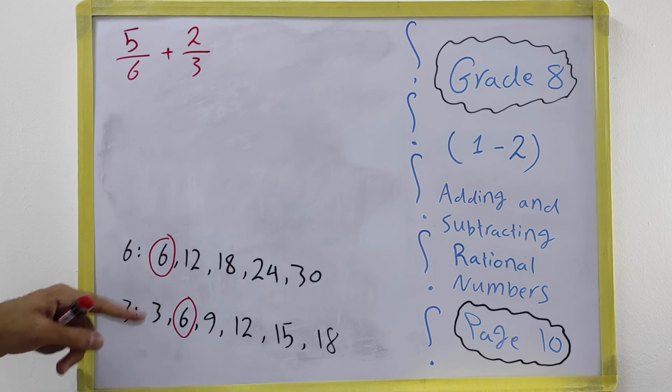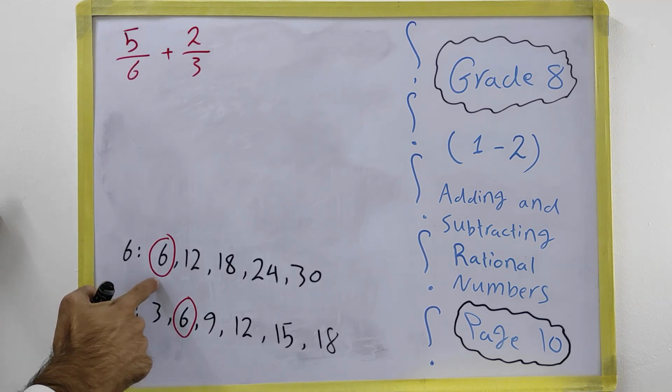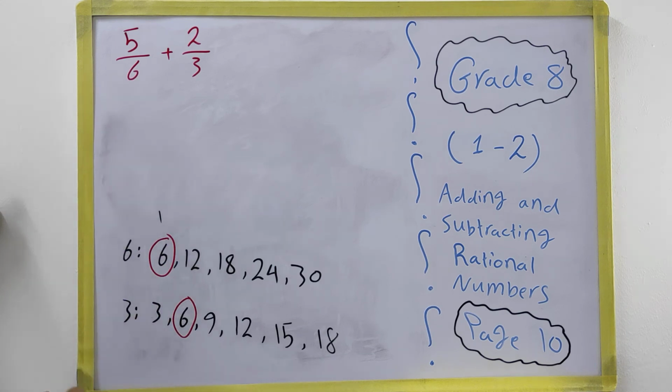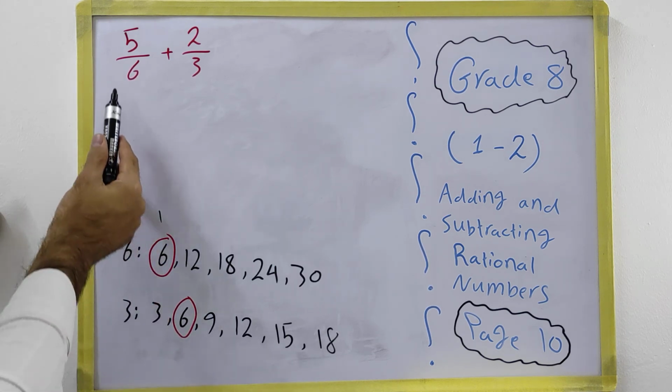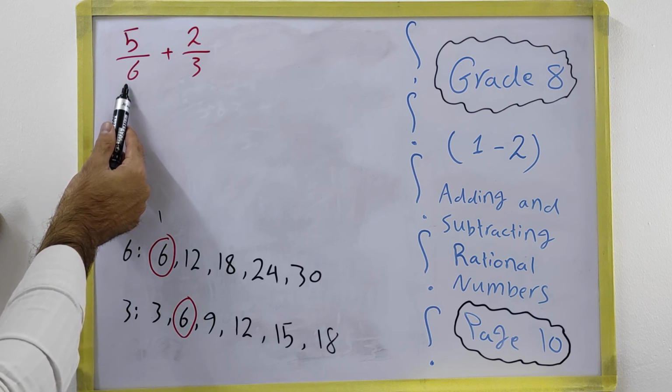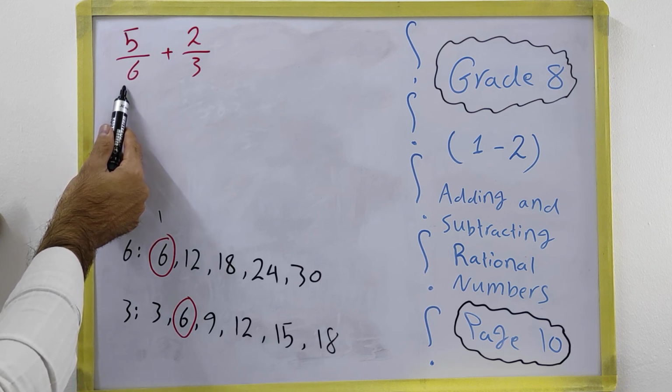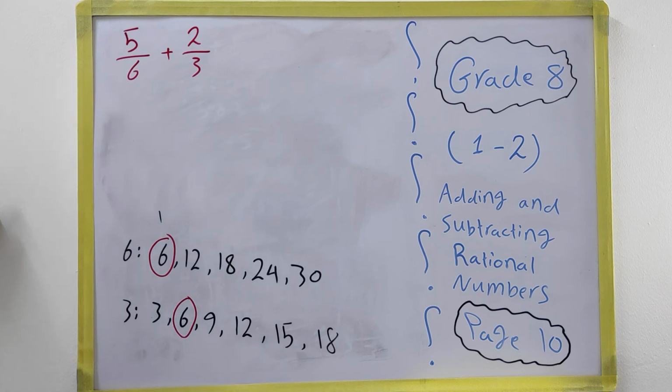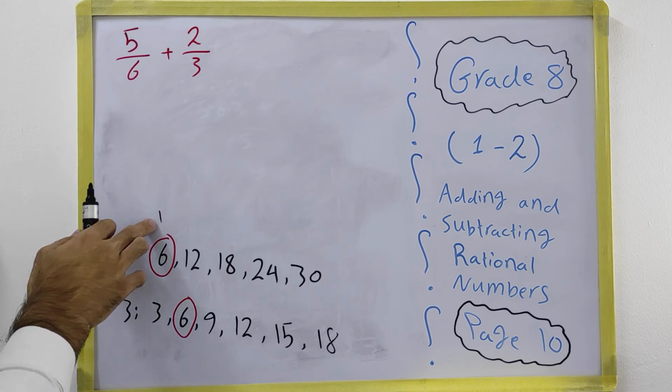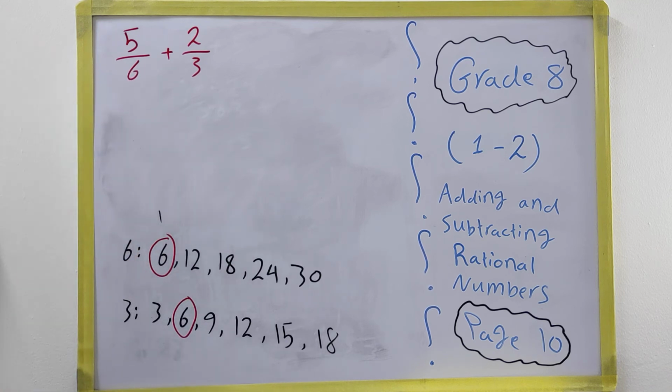For the number 6, it's in the first number in the multiples, so this side we multiply by 1 over 1, which doesn't change anything, but let's always do that so you won't forget something to do. Multiply by what you need to. The first number you multiply by 1 over 1. The second number you multiply by 2 over 2.